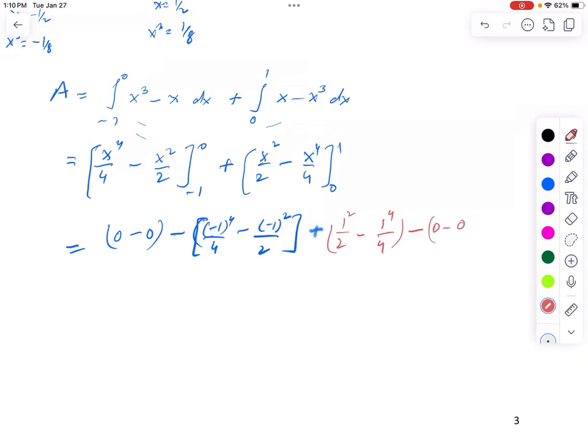We end up getting, this is 0 minus. Now, -1 to the 4 is positive 1. We get 1 over 4 minus -1 whole square is 1. So 1 over 2, plus 1/2 minus 1 over 4 and minus 0. So that we are left with -1 over 4 plus 1/2 plus 1/2 minus 1/4.